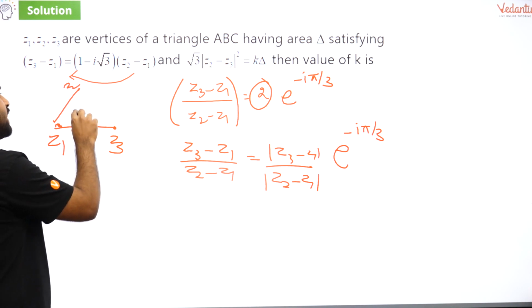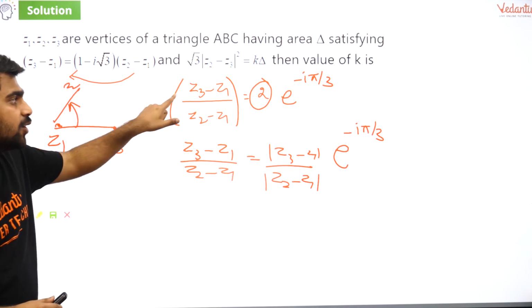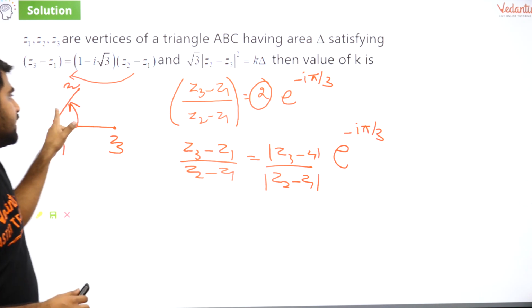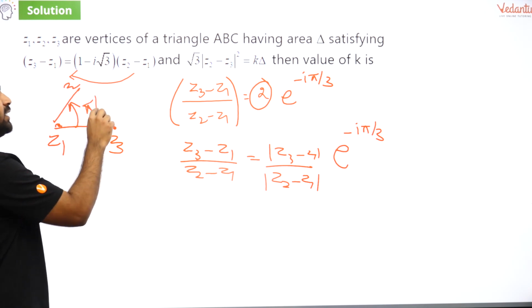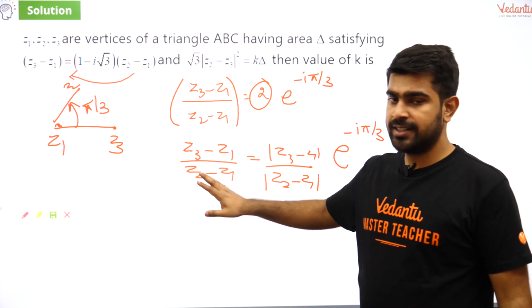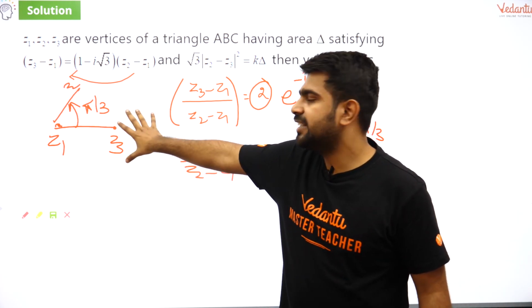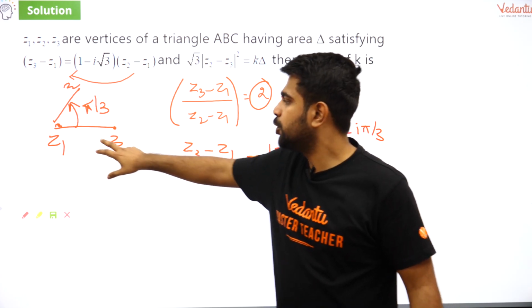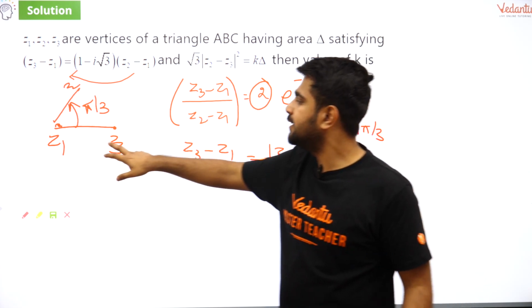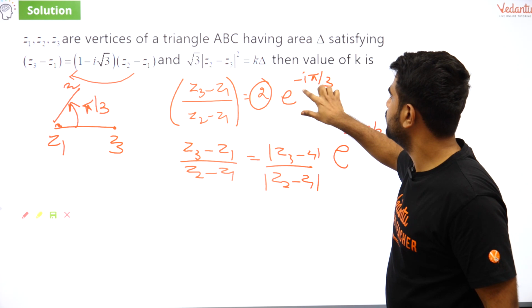Now usually how do we write it? Wherever the arrow points, I write that first. But unfortunately here I am moving in the clockwise direction. So I reverse it and write. So this angle is pi by 3. Okay, so I hope all of you got it. So in an Argand plane, the representation will look similar to this. You have Z1 as a pivot because I am rotating about Z1, and the angle about which I rotate is pi by 3 from here.